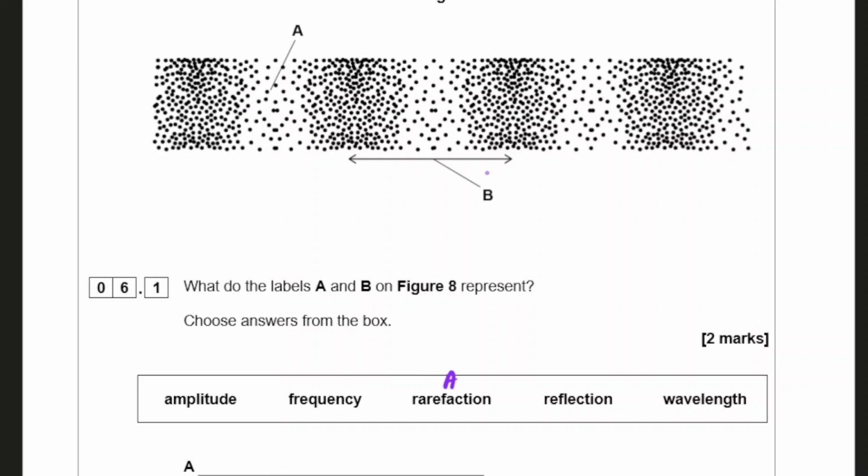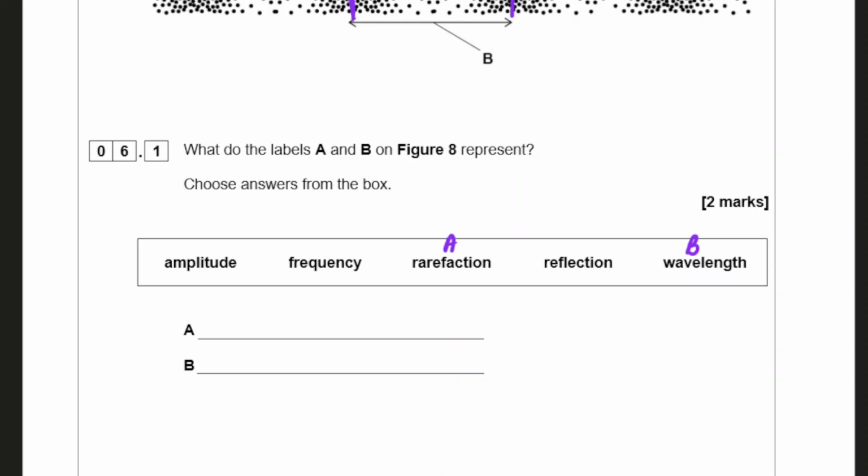What they are mentioning by B is actually from this middle point to this middle point. Now the length of that is actually the wavelength. So A is rarefaction, and B is the wavelength.